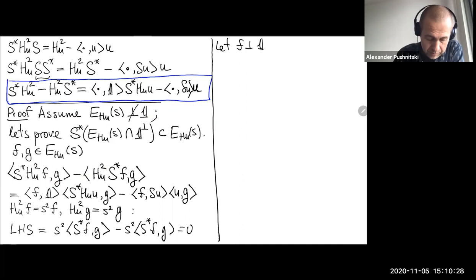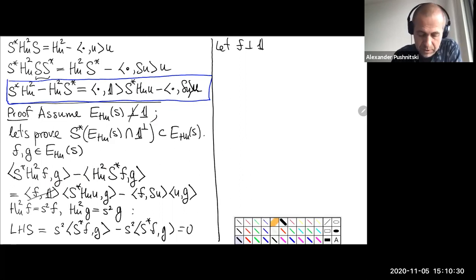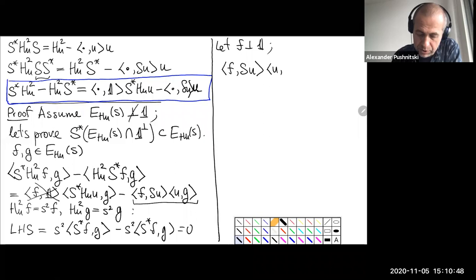And it means that this remaining term is 0. So it means that f, SU times UG must be 0 for all g.